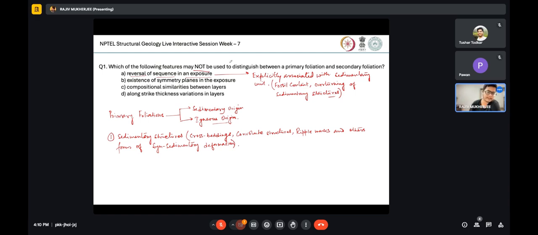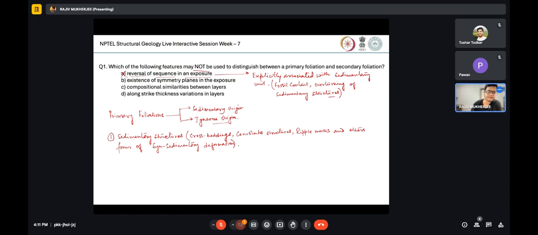So this is not correct in this case. So option A is not correct, because to look for reversal of a sequence, we will be dealing with this kind of identification, characteristic features of sedimentary rocks, and therefore we will automatically be identifying whether this unit is sedimentary or it is secondary foliation.